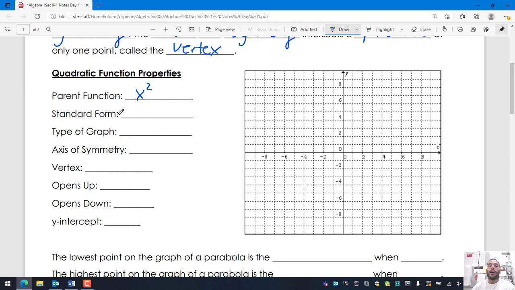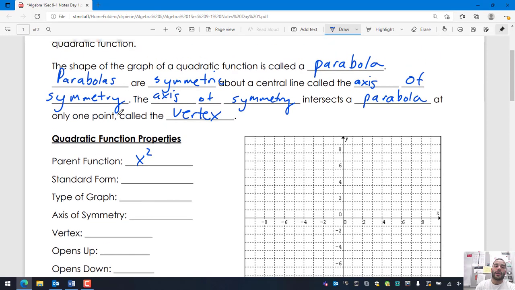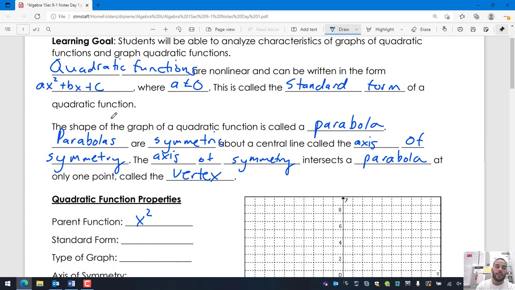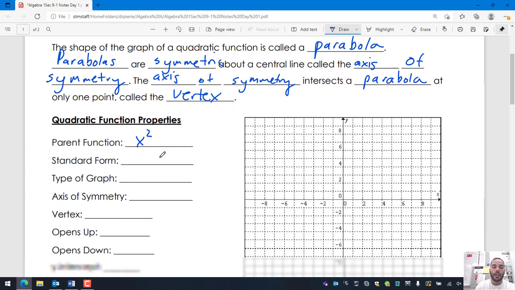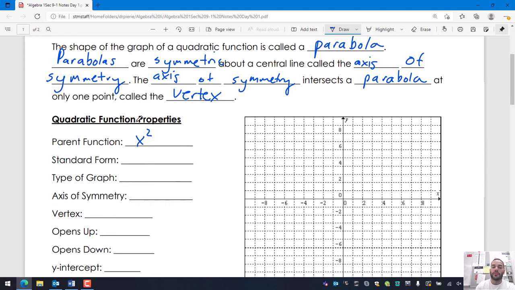It still follows the format of ax squared plus bx plus c, but with the simplest numbers possible for a, b, and c. So what is this equation written in standard form? It's the same thing as 1x squared, which is just x squared, plus 0x, b is equal to 0, and then c is also equal to 0, plus 0.